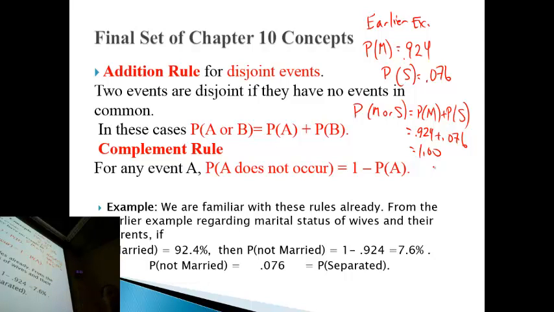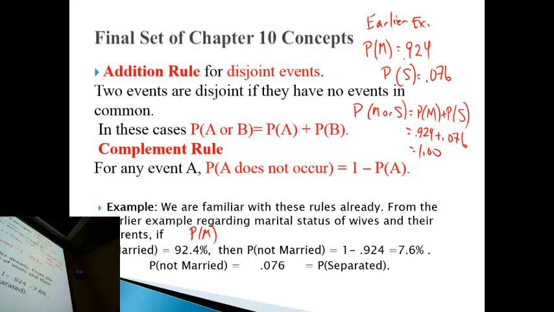It's not always the case that these probabilities add up to 100%, unless they cover the entire sample space. The complement rule is not the opposite, but you can think of it like the opposite, okay? So if there's some event A, then the chance A does not occur is just 1 minus A. So here we have some event M. The chance of being married is 0.924.